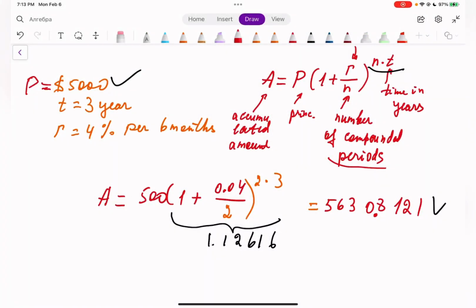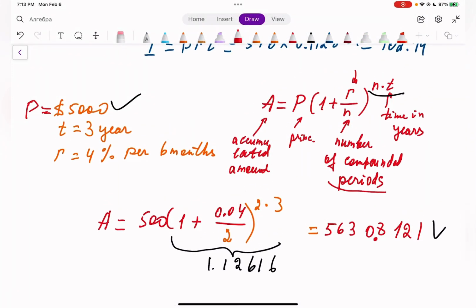Let's see what's happening. So the formula is: our interest is 4%, right? 0.04, and we are going to divide by 2, right? Since it's semi-annually, twice a year, for 3 years it's going to be 6 semi-annual periods.